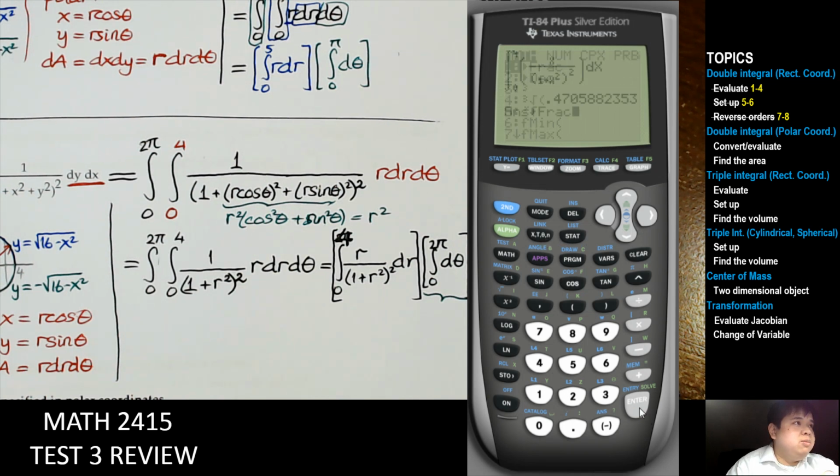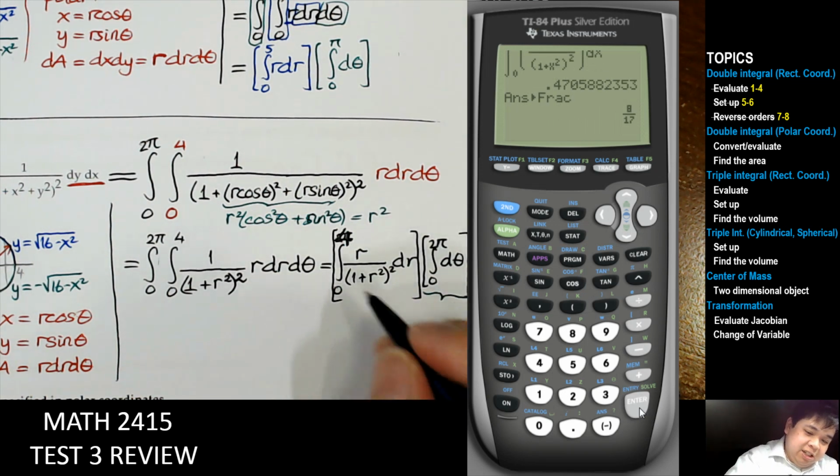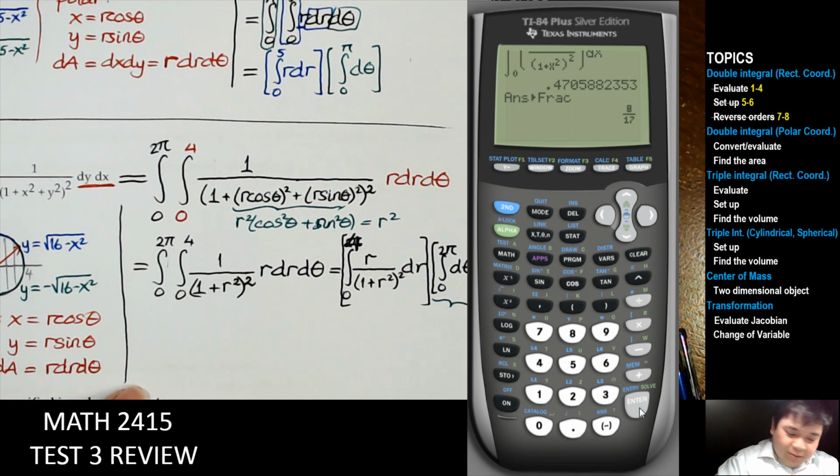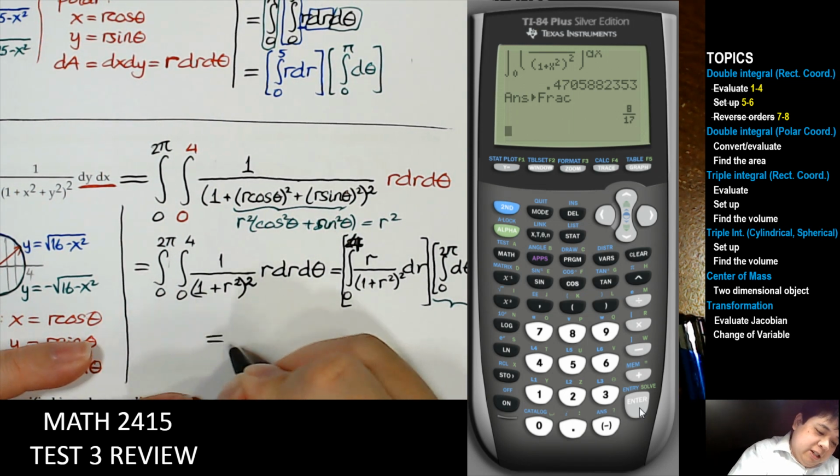Change to fraction. That's 8 over 17. That's nice. So this is just 8 over 17.